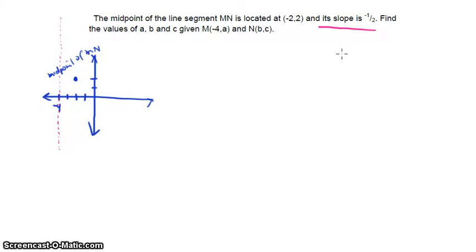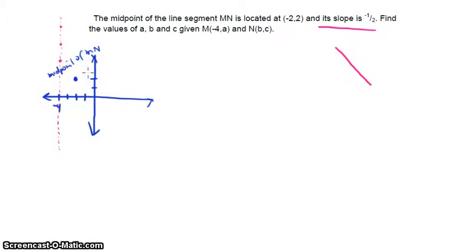Remember that when a line has a negative slope, it should follow a path that is going downward. So the possible location of the point M should be a point higher than the midpoint. So it can be here, can be here, can be here, any point that is higher than the point (-2, 2), so that the slope will be negative. But again, we still don't know the exact location of M and the exact location of N.